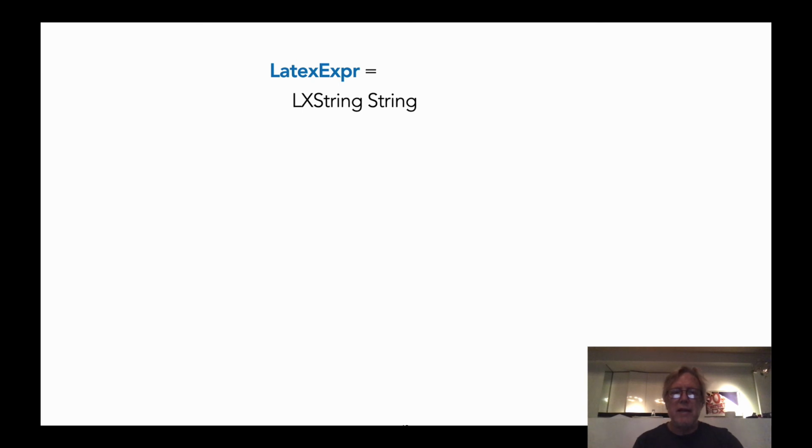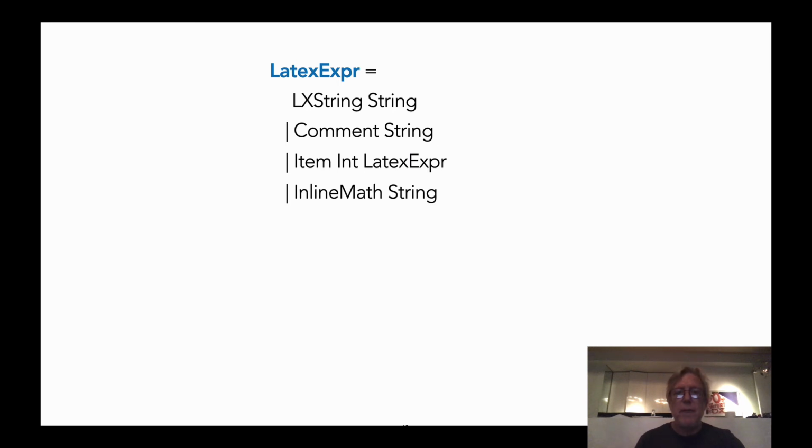A piece of LaTeX text might be just ordinary text, and we have to identify it as such. So that's an LX string. A string might also be a comment. We have to identify that as such. We have items in itemized lists, so we have to identify those. The int part corresponds to the level of the list. We have math elements, inline and display math elements, and we have to separate those out and identify them.